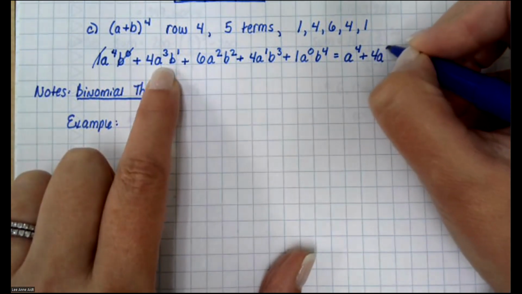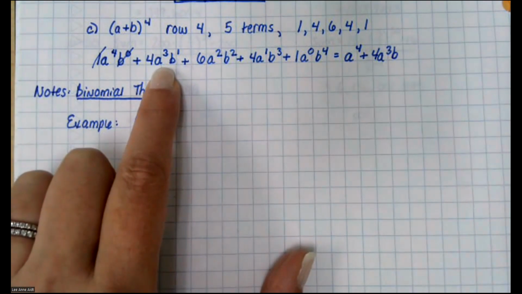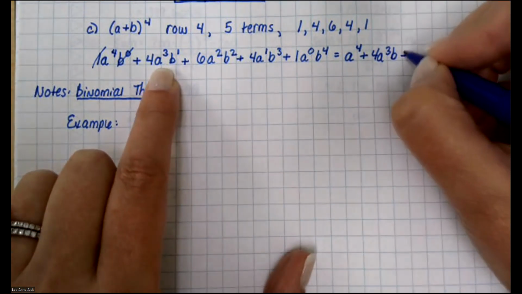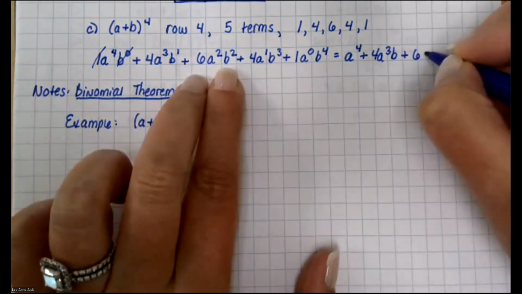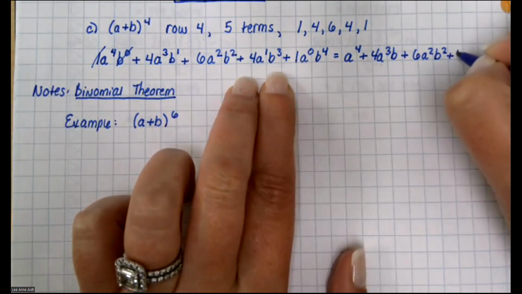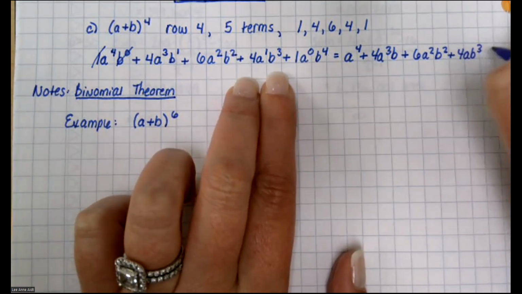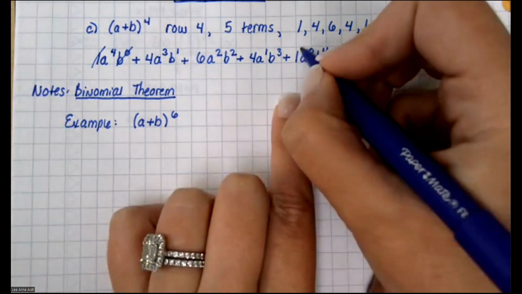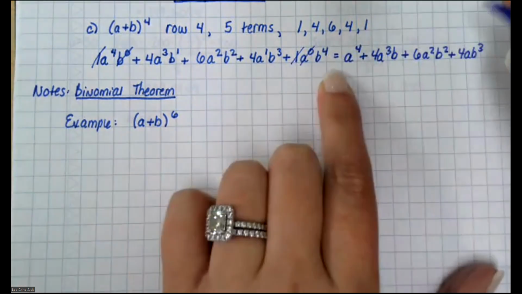This one is a cubed b. We don't really write the 1 for b to the 1st. A squared b squared. 4ab cubed. Okay, and then this one, the 1 and the 1.